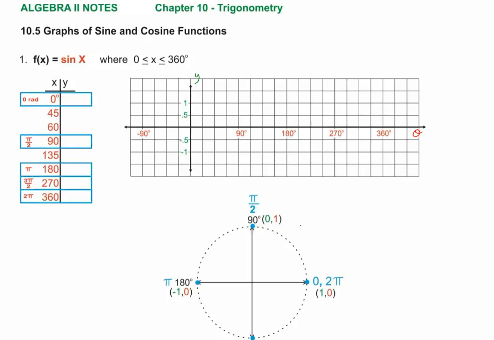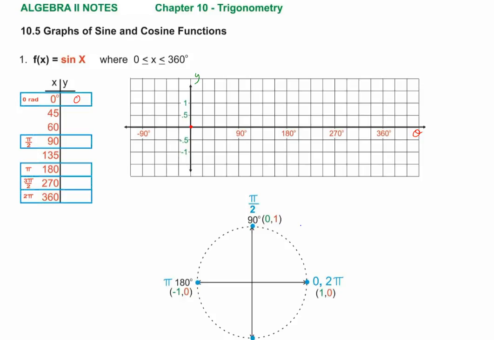All right, so let's go through and graph the sine. Take your calculator, punch in 0 and hit the sine button. And your calculator says 0. All right, so we're at 0, 0. So go ahead and plot the point 0, 0.